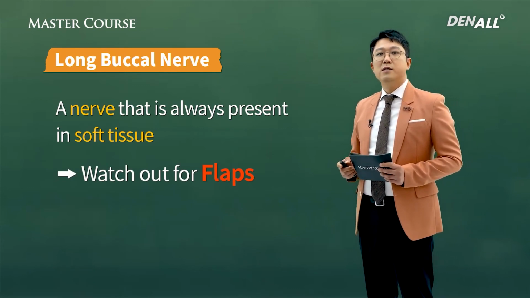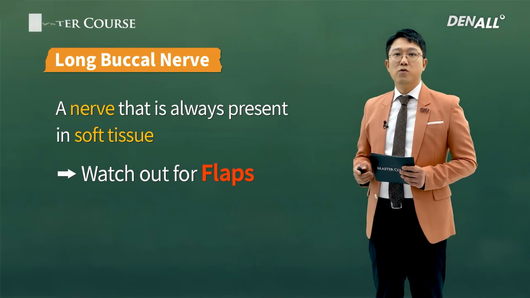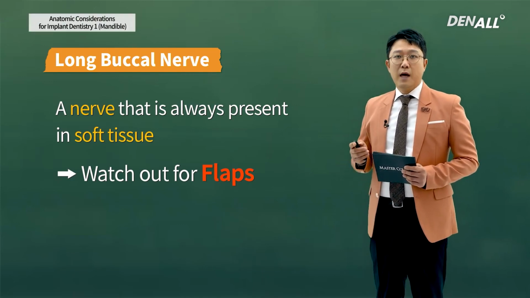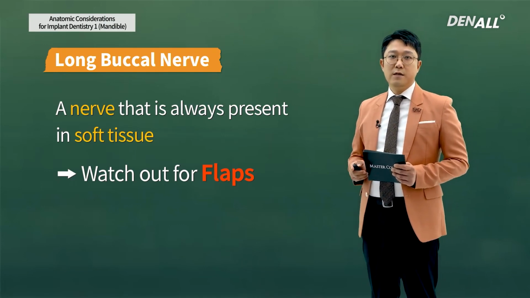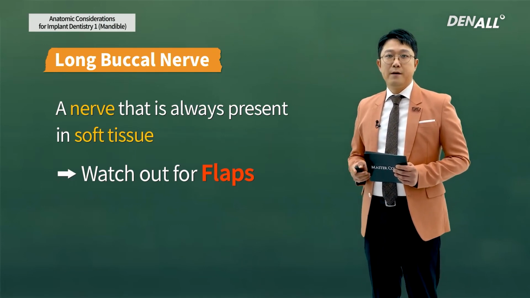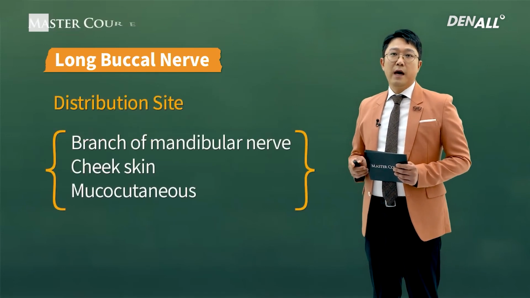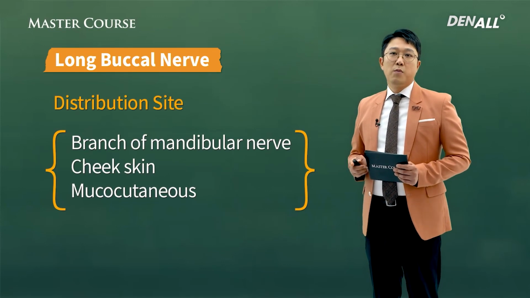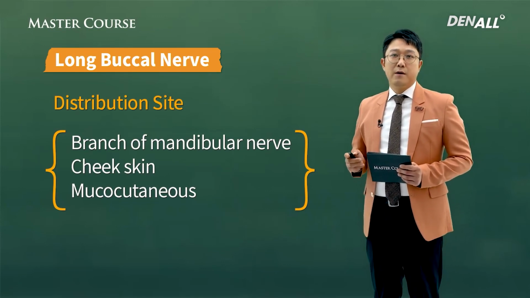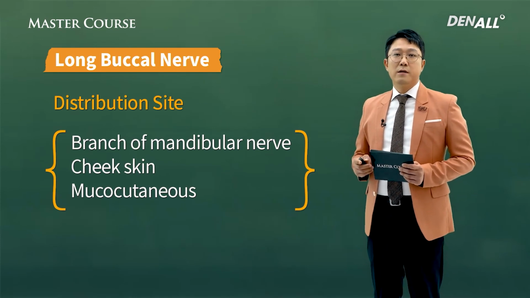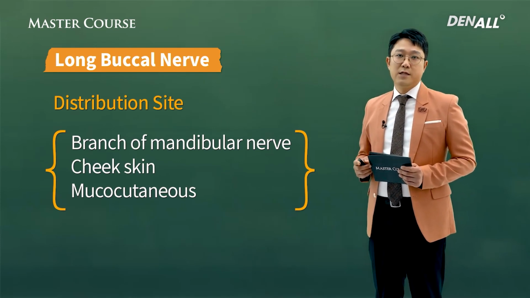The lingual nerve is found to be injured more often than the mental nerve, according to some reports, so you need to be very careful. The long buccal nerve is the buccal branch of the mandibular nerve, and it controls the sensation for the cheek, skin, and mucosa. To make a flap in the buccal mucosa, anesthesia is used for this nerve.